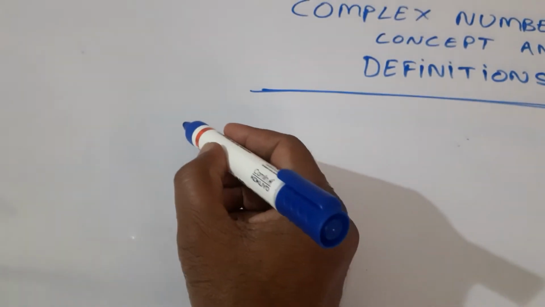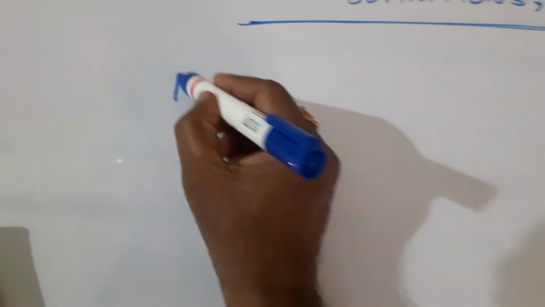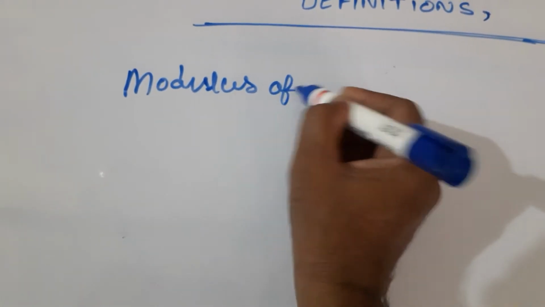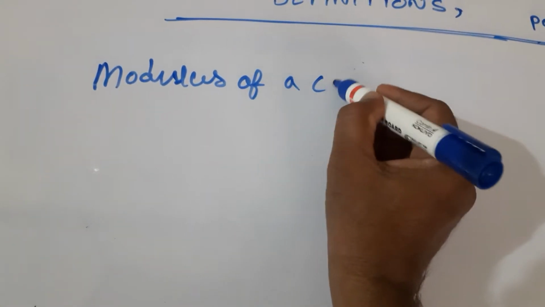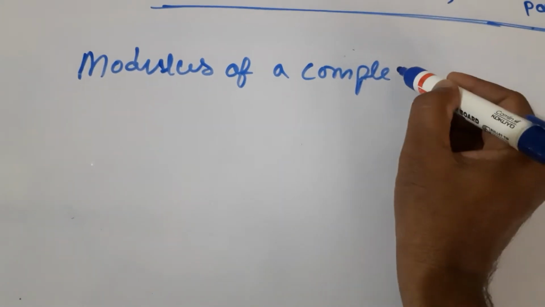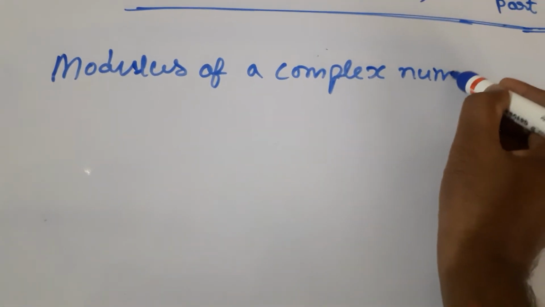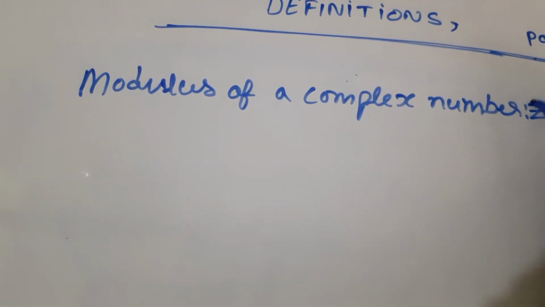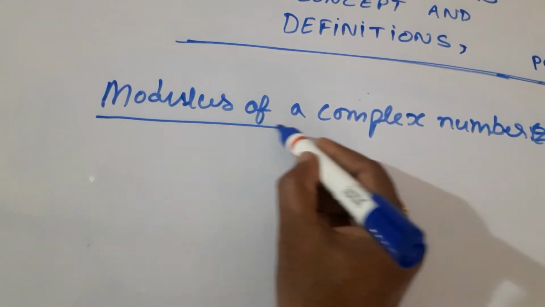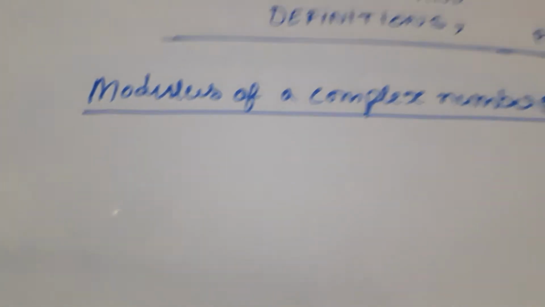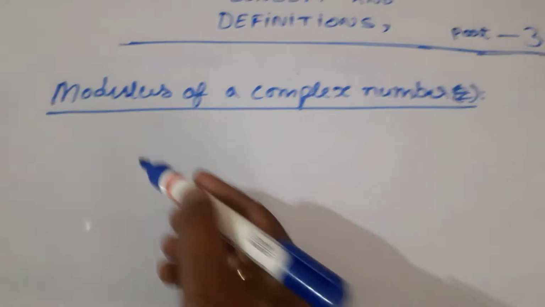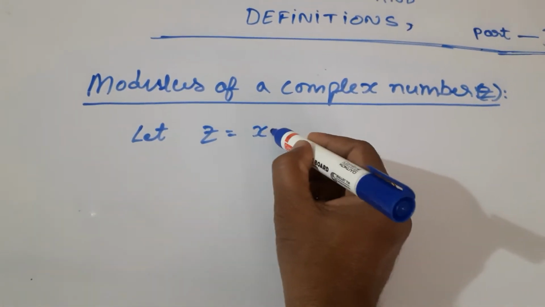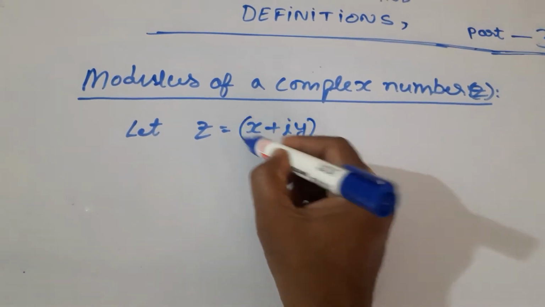So let us discuss the definition. Modulus of a complex number z. Let z is equal to x plus iy. This is in general form.